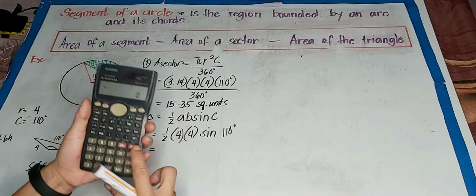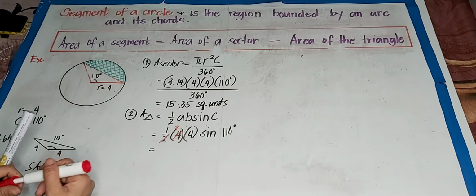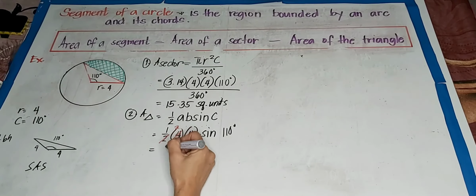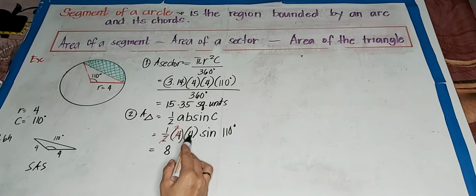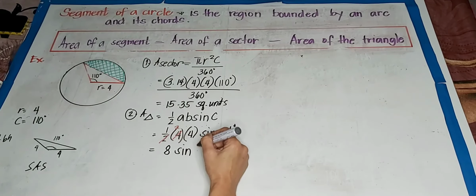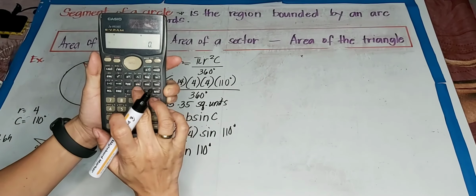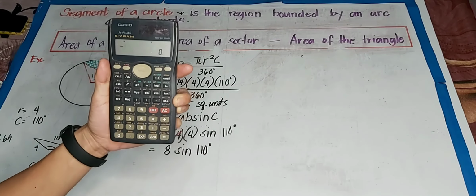So, calculate tayo. 1/2 of 4 times 4. So, pwede na natin diretso yan. This is 2, right? 2 times 4, 8. Or pwedeng 4 times 4, 16, divide by 2, 8. Tapos, sine 110 degrees. So, paano ginagawa yan? Yung sine 110 degrees, may sine, cosine, tangent sa calcu, di ba?